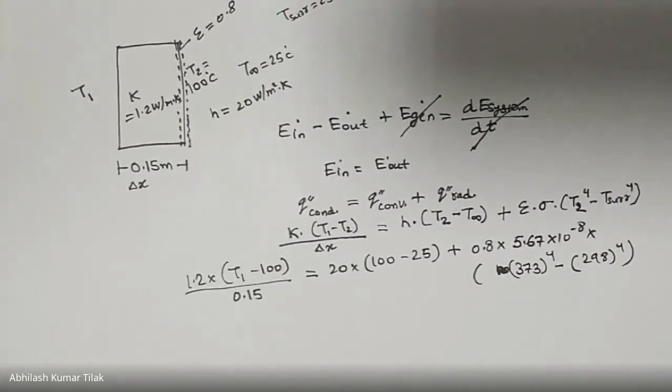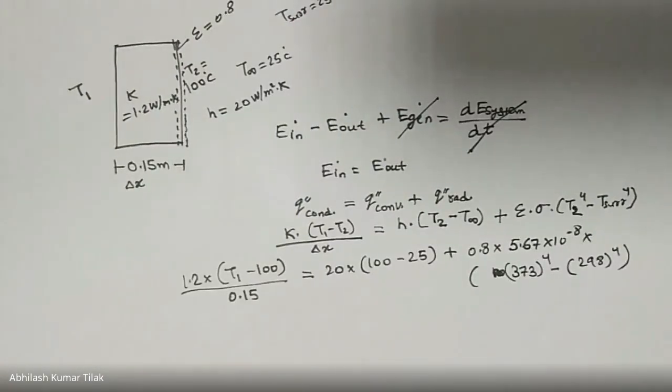Now, one of the students is asking what is the difference between T infinity and T surrounding. For this question, it is the same. T infinity we consider to be the bulk fluid temperature or the ambient temperature which is flowing over the surface, which is convecting away the heat from the surface. While T surrounding is the surrounding temperature to which the radiation heat transfer takes place from the surface.